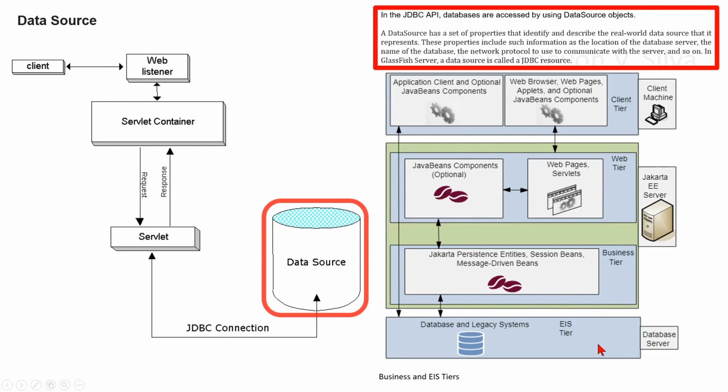With the enterprise information system tier, the enterprise information system tier handles EIS software and includes enterprise infrastructure systems such as enterprise resource planning, ERP, mainframe transaction processing, database systems, and other legacy information systems.